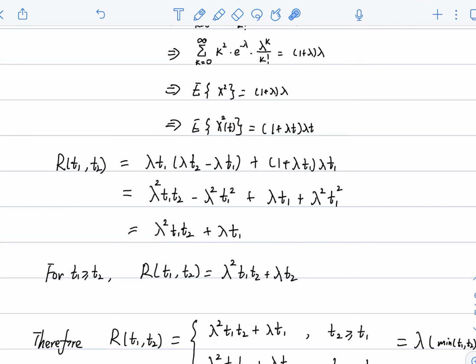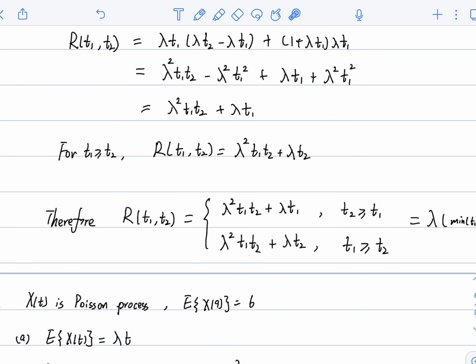Hence, the correlation of T1 and T2 is equal to lambda T1 times (lambda T2 minus lambda T1) plus (1 plus lambda T1) times lambda T1. And finally, it is equal to lambda squared T1 T2 plus lambda T1.